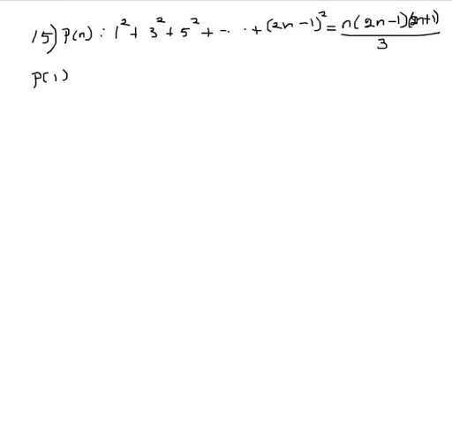Let us do P of 1 step, which will have only the first term on the left hand side. Here put n as 1, 2 minus 1 is 1, 2 plus 1 is 3, by 3 we get 1 equal to 1. Therefore, P of 1 result is true.